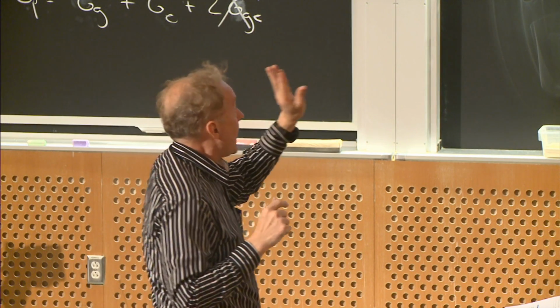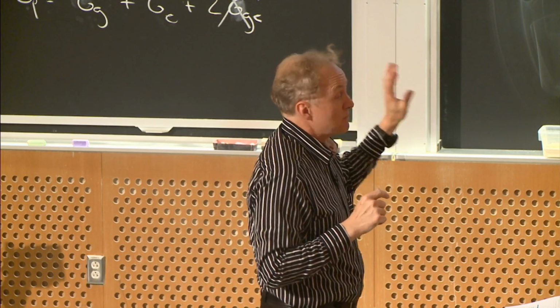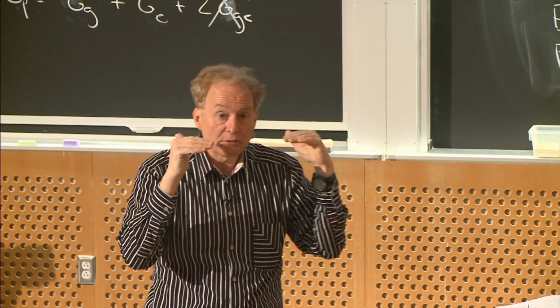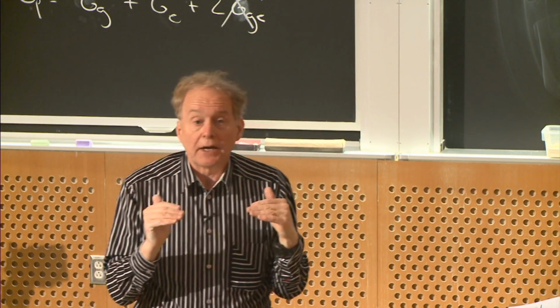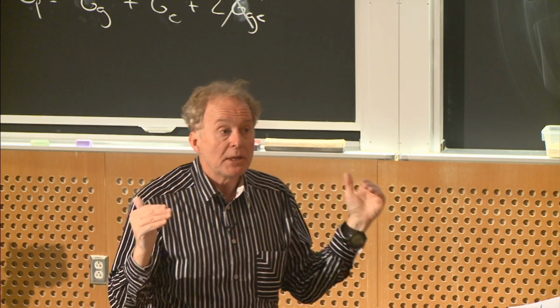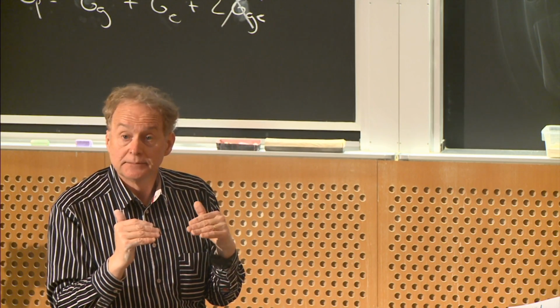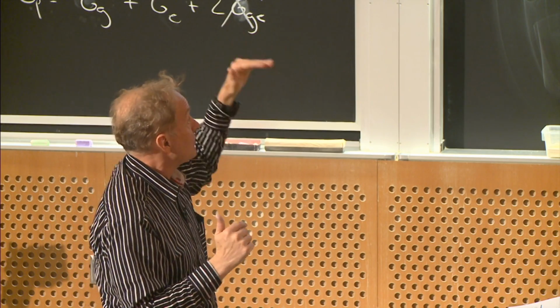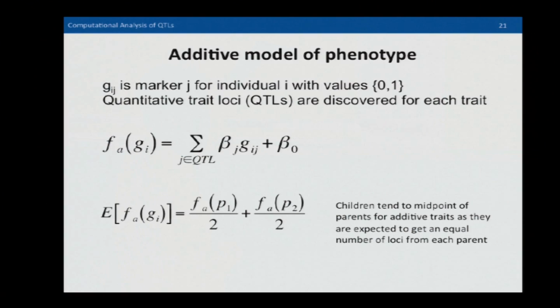And so for additive models like this, the expected value of the child's trait value is going to be the midpoint of mom and dad. And that can be derived directly from the equation above, because you're getting half of the QTLs from mom and half of the QTLs from dad.